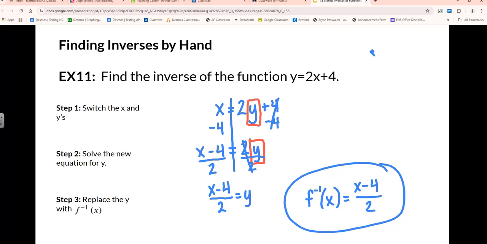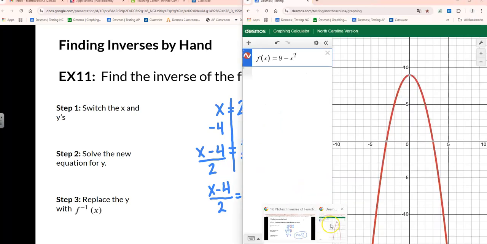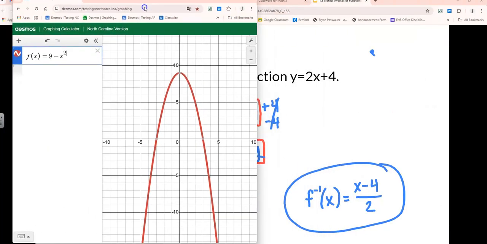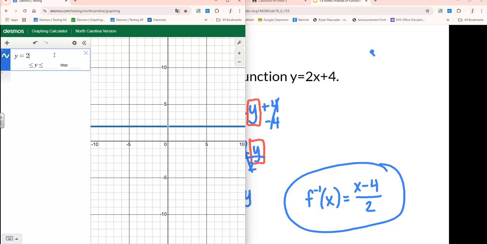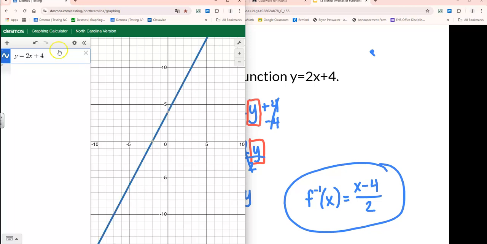Now, we talked about the graphs a lot at the beginning. What we're mostly going to use those graphs for is checking this to make sure we did it correctly. So if we pull up Desmos right here, our original equation was y equals 2x plus 4. Desmos does not do inverse notation.